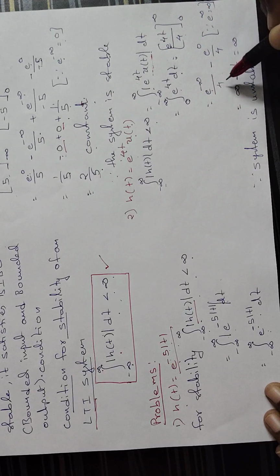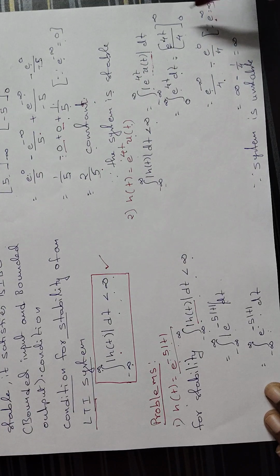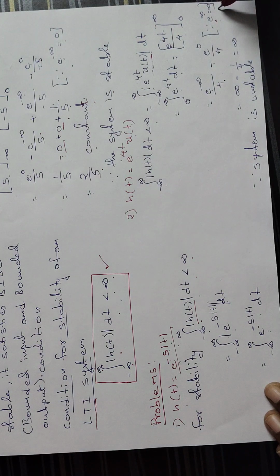So e power infinity by 4 minus e power 0 by 4. We already know e power minus infinity value is 0 and e power infinity value is infinity. Then infinity minus 1 by 4 value is infinity. That means this does not satisfy the condition, we are getting an infinite value, it is not less than infinity. Then the system is unstable.